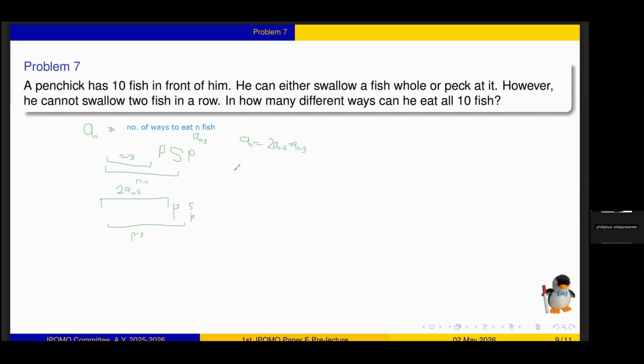And so we only have to compute A sub 1, A sub 2, and A sub 3, in order to find the values of A sub 4, A sub 5, just purely by substituting.